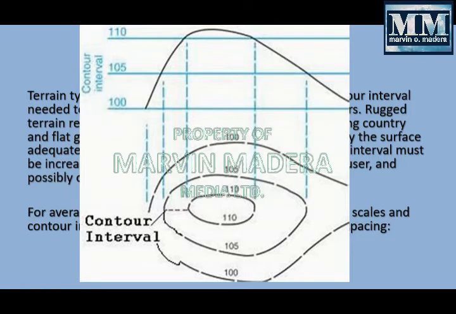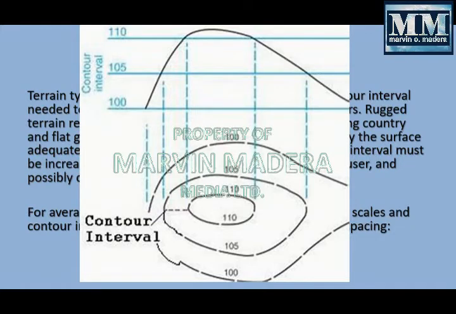This is if we have a mountain and the mountain is divided in every 5 meters or 5 units. Then the representation of the contour is by 5 from the lowest point, which is 100 units, to the second level we have 105, and to the third level, 110. So we have here the contour interval of 5 units. This is what is meant by the contour interval.